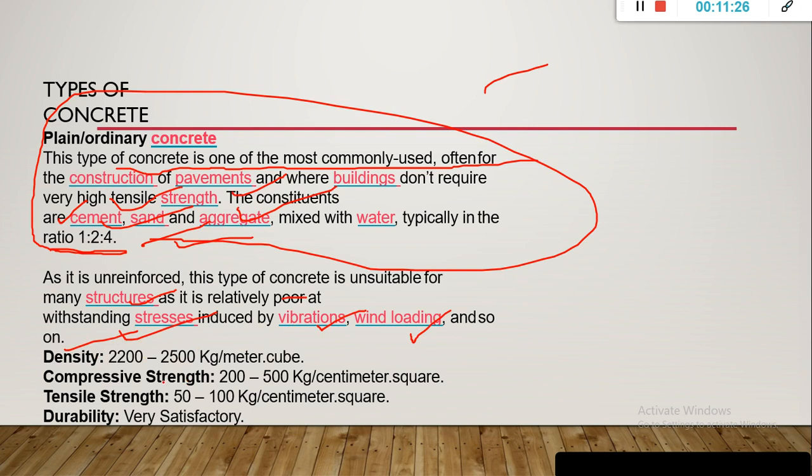Okay, so density is 2200 to 2500, compressive strength 200 over 500, tensile strength 50 from 100, and durability is very satisfactory. Okay.